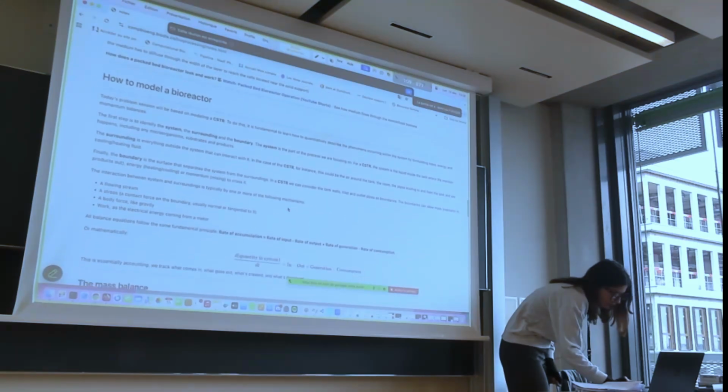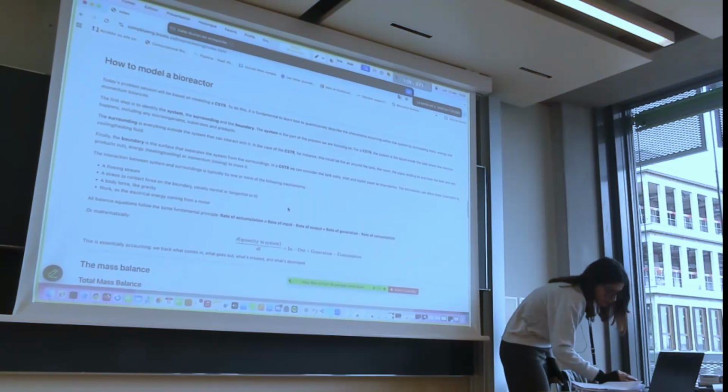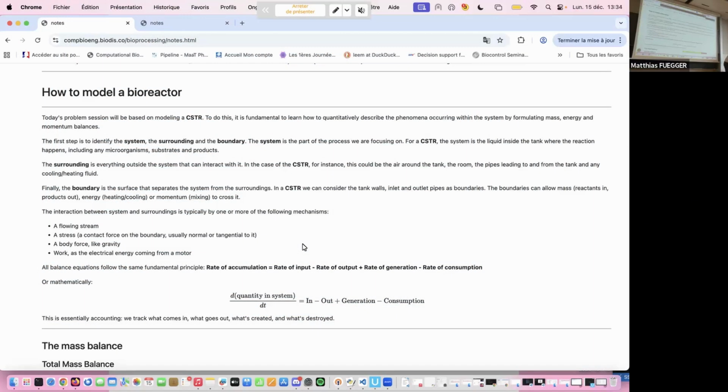Okay, so now we will see how to model a bioreactor. What we have to do to describe what is happening inside the bioreactor?